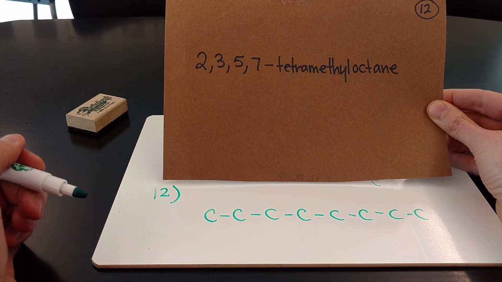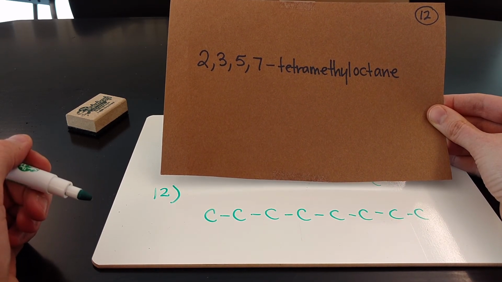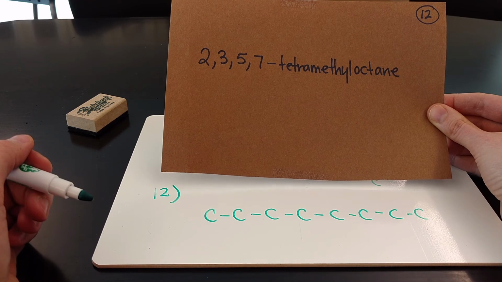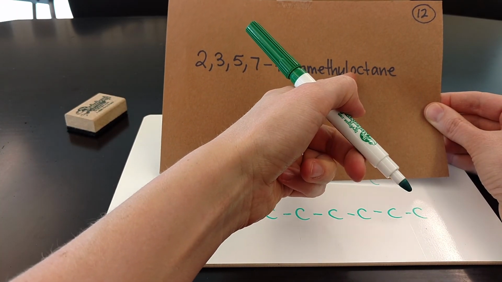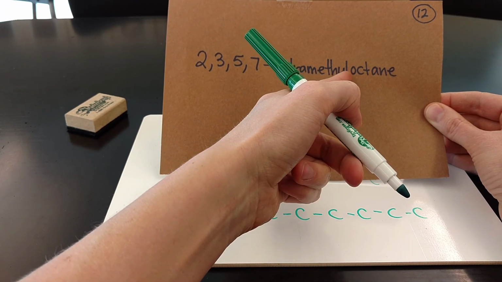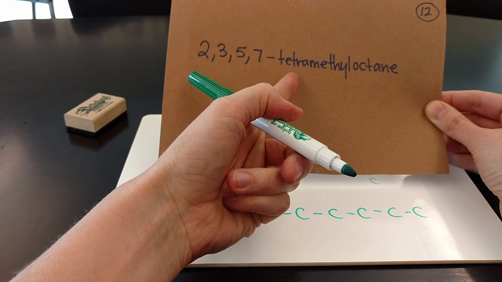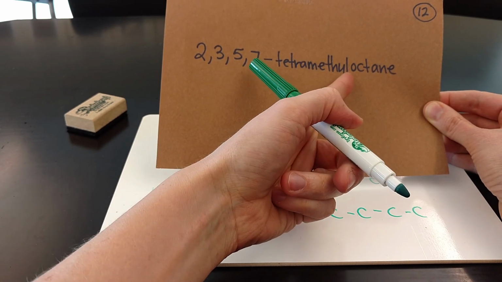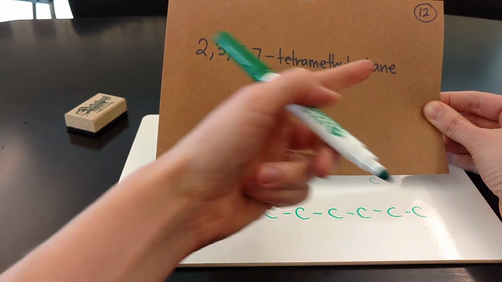I think even my 3-year-old could tell you that oct means 8 because of the stop signs. Okay, tetramethyl octane. So methyl, meth means 1 carbon, YL is a branch. So methyl is a single carbon branch. Tetra means there are 4 of this thing. There are 4 single carbon branches attached to octane.